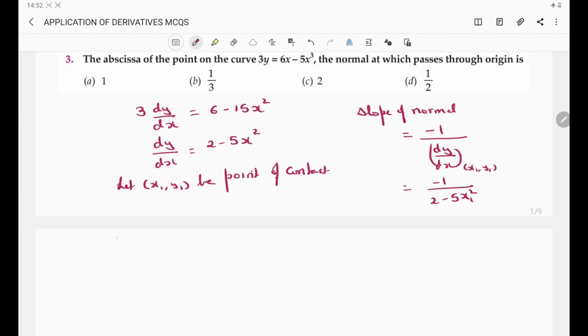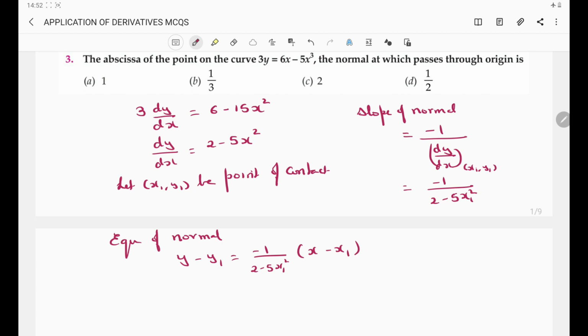Now let us find the equation of the normal. The equation of the normal is given by y minus y1 is equal to minus 1 by 2 minus 5x1 square into x minus x1.